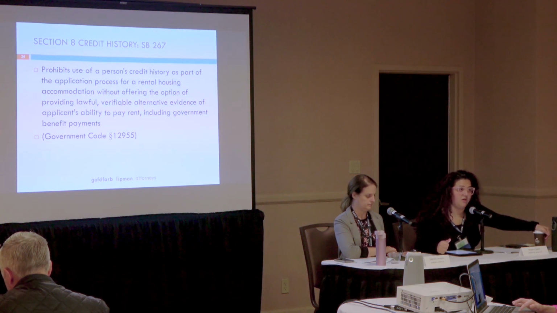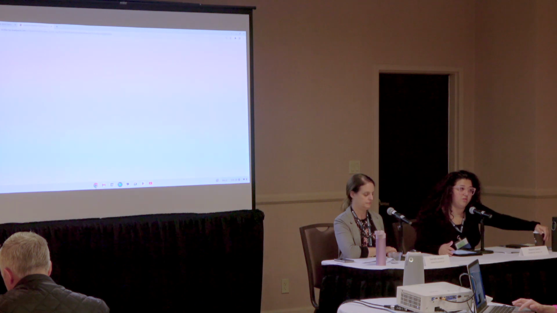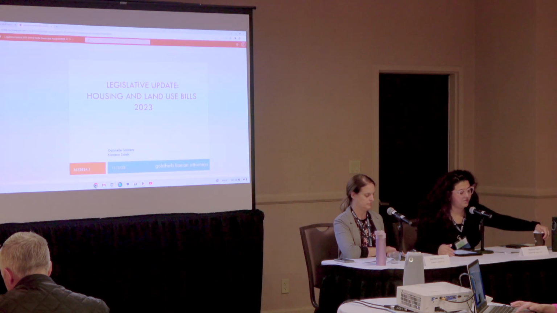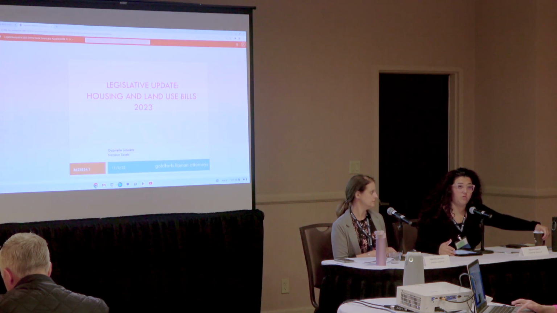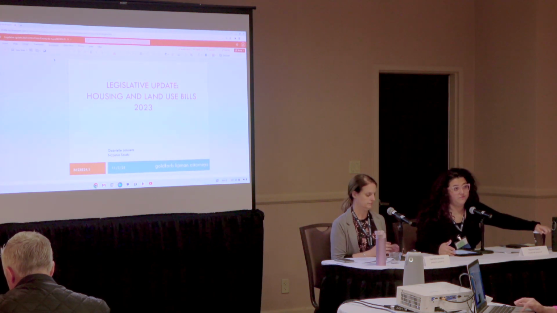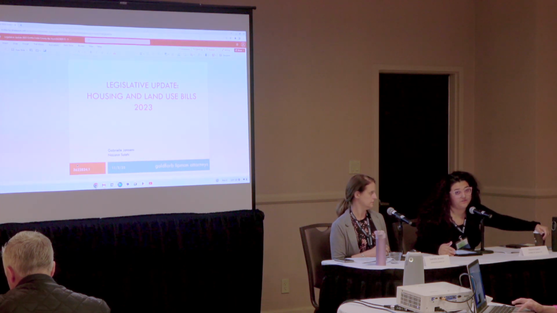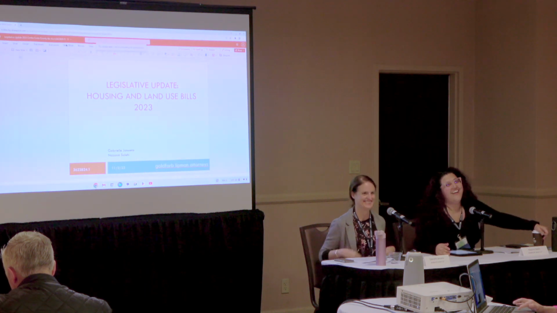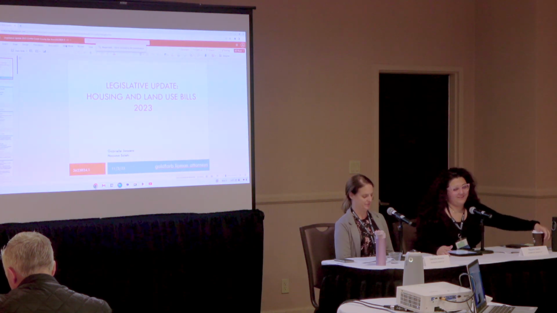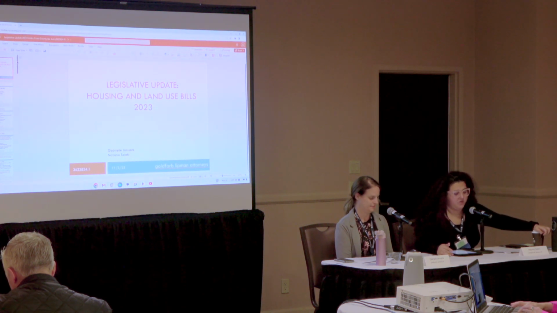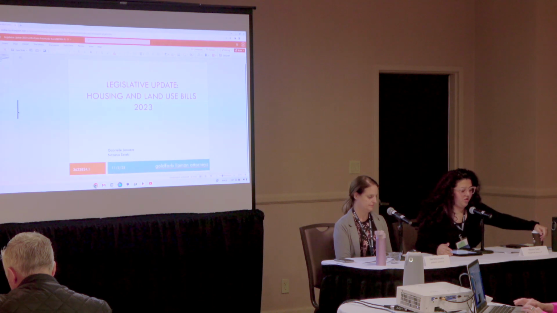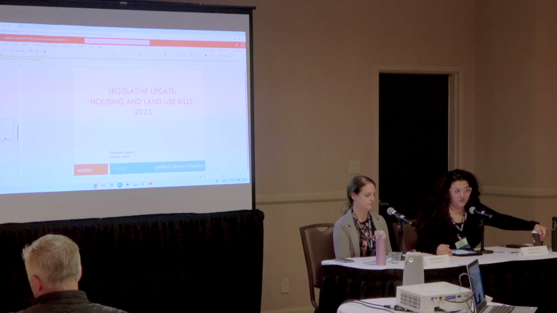The others are no-fault just causes, and two of those include owner move-in, which is where either the owner or one of the qualifying relatives of the owner, so it can't be like your third cousin, twice removed. I don't even know what twice removed means, by the way. It has to be your parent, grandparent, child, spouse, or domestic partner who wants to move in, then you can evict a tenant. And the second one is a substantial remodel.